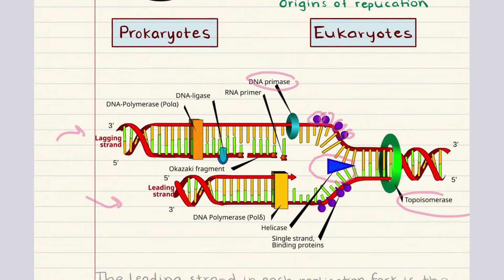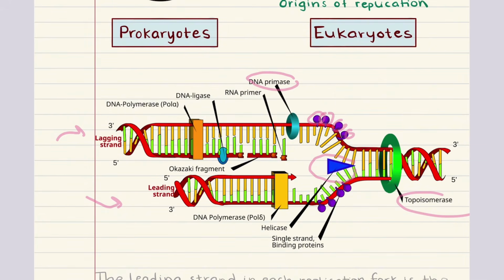At each replication fork, we have two template strands. One is oriented from 3' to 5', and the other from 5' to 3'. Because DNA polymerase can only synthesize new DNA in the 5' to 3' direction, the two new strands are made in different ways.